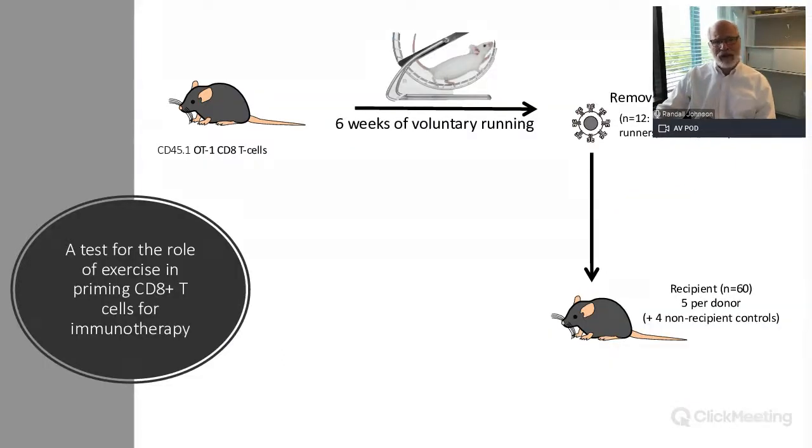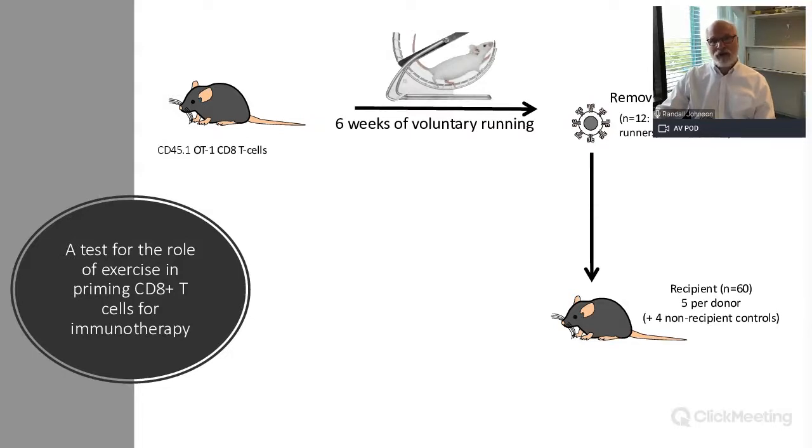We wanted to test this in an in vivo system, so Helen carried out a very ambitious experiment. She took animals that she could tag with a CD45.1 locus and allowed them to run voluntarily for 6 weeks.